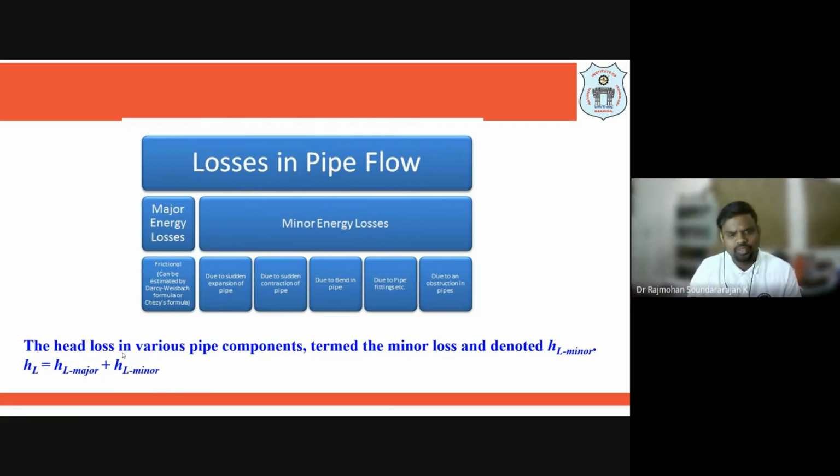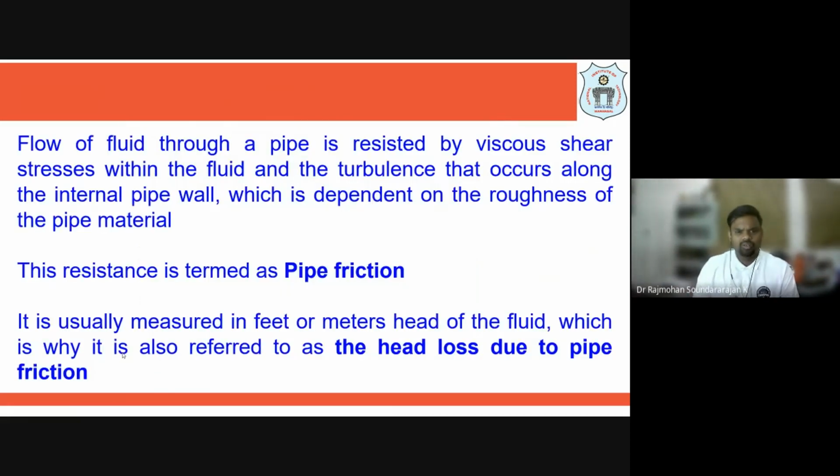Got it? Now, what is this pipe friction? Because we are talking about frictional loss, first we have to define what friction is. Whenever there is a flow of fluid through a pipe, it gets some resistance due to the viscous shear stress within the fluid, and also the turbulence occurring along the internal pipe wall. Whenever the roughness is more, we are going to have some turbulence near the solid boundary.